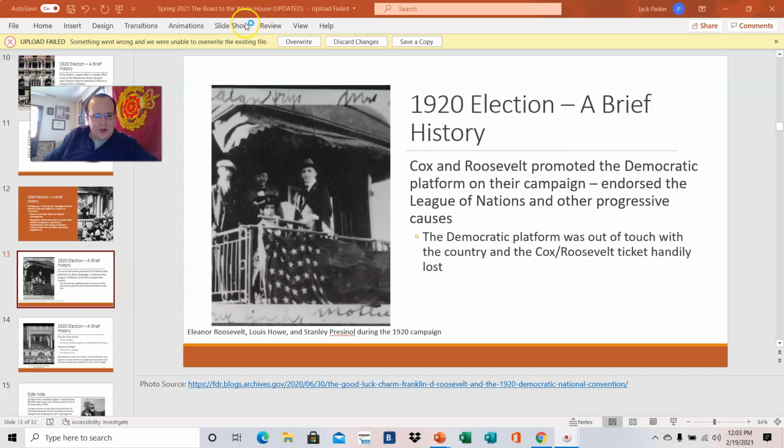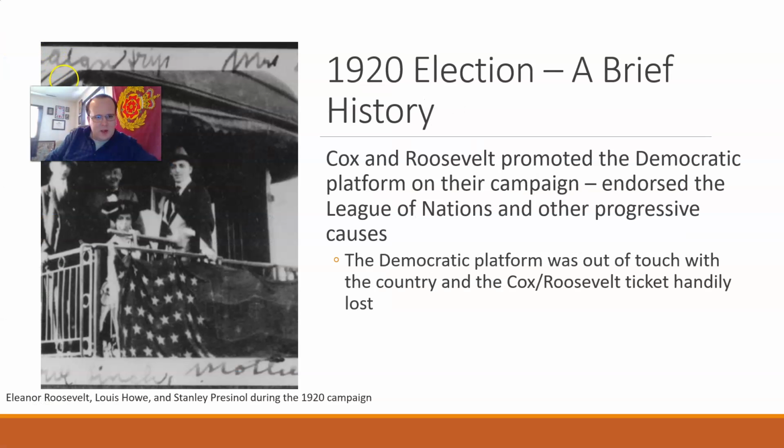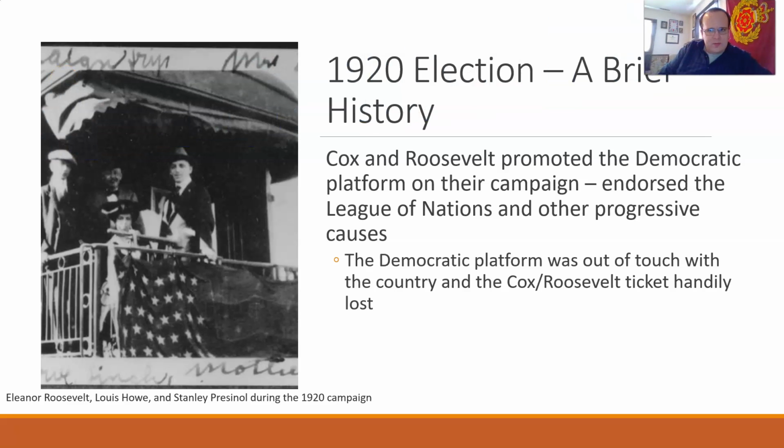So the Democratic ticket really didn't do themselves any favors. They stuck with the party line and went about the country promoting the League of Nations, endorsing it, and a lot of other progressive causes, which led to their downfall because they were just very out of touch with the American electorate of 1919, 1920.